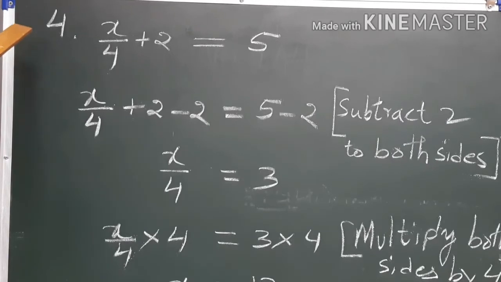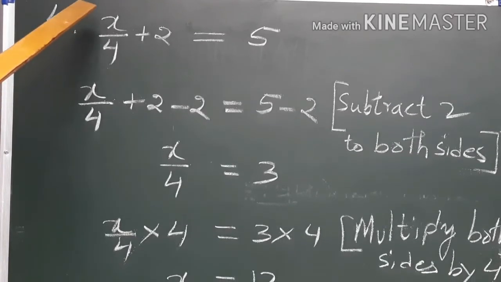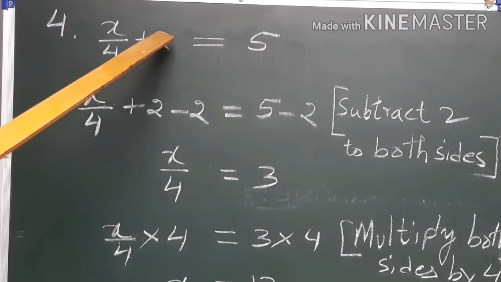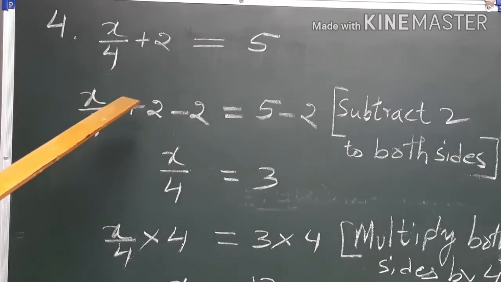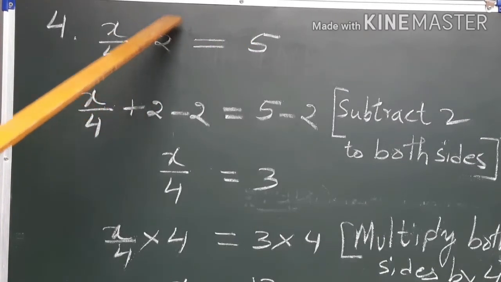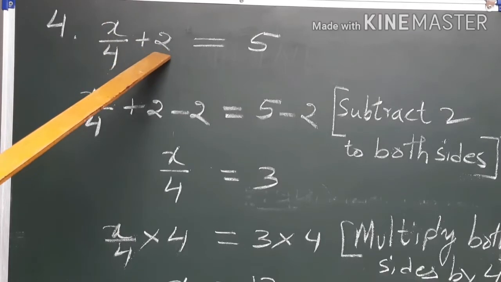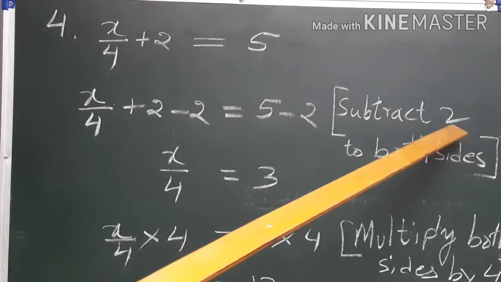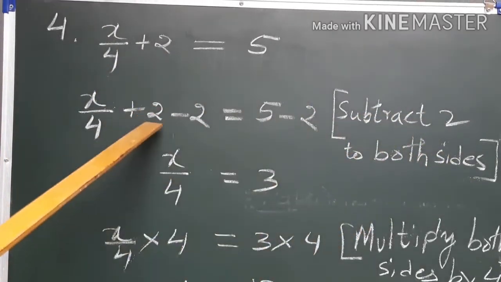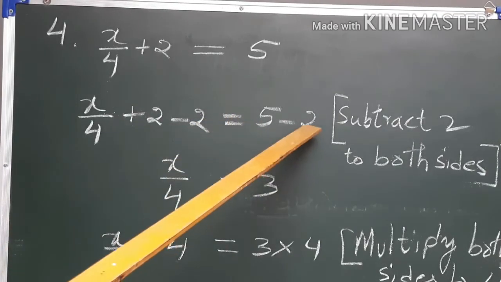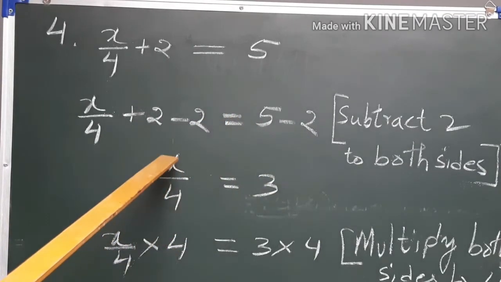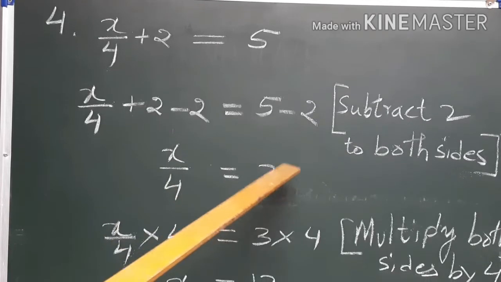Fourth question. Here the equation is x upon 4 plus 2 is equal to 5. Here you have to remove 2 first. In order to remove 2, you have to subtract 2 from both the sides. So minus 2 and minus 2. We are left with x upon 4 is equal to 3.